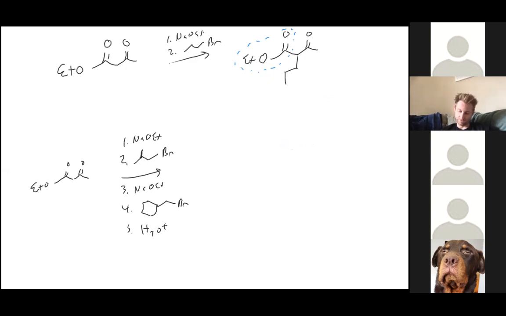After step 1 and 2, we're going to get this molecule.